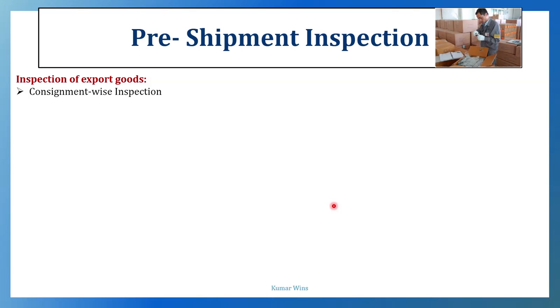Inspection of export goods may be conducted under consignment wise inspection, or in-process quality control, or there could be self certification. So there are 3 different parameters on which this inspection can be conducted.